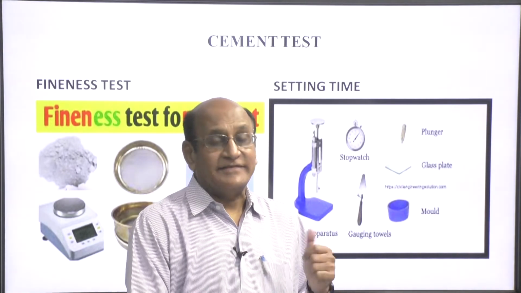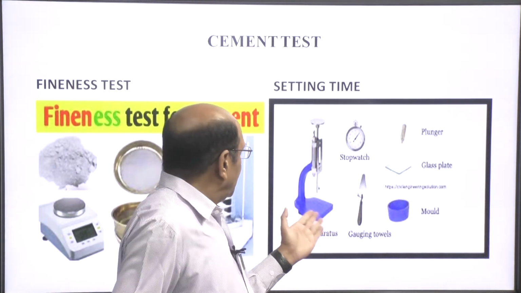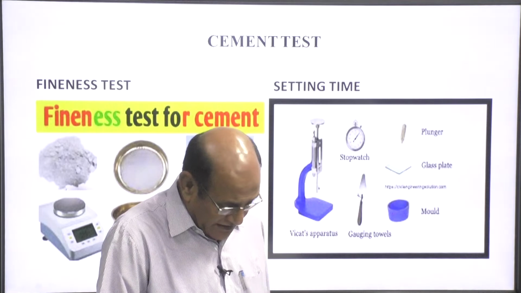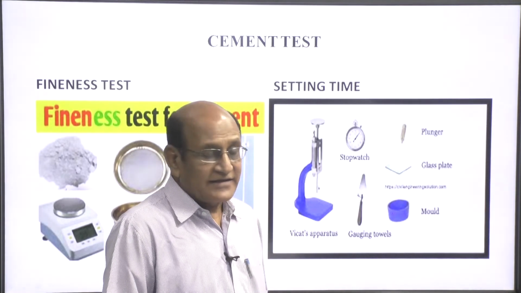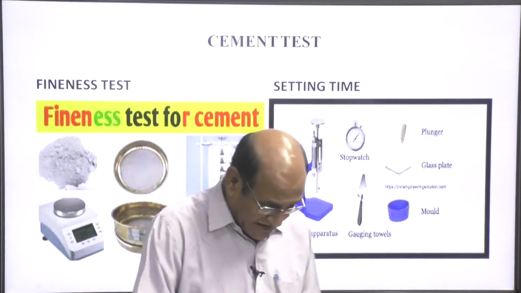That is the initial setting time. This is the mold. Mold diameter is 5 centimeter and the thickness is 4 centimeter, in which cement paste is placed.